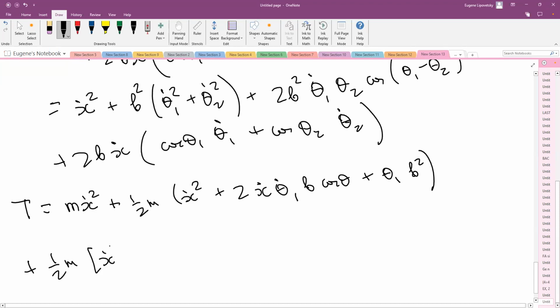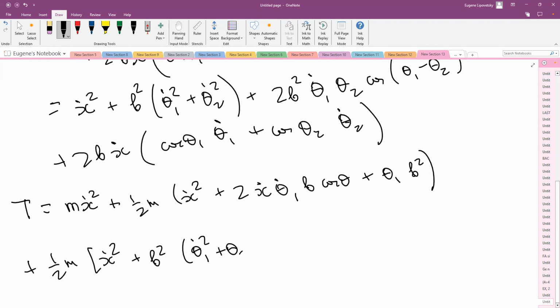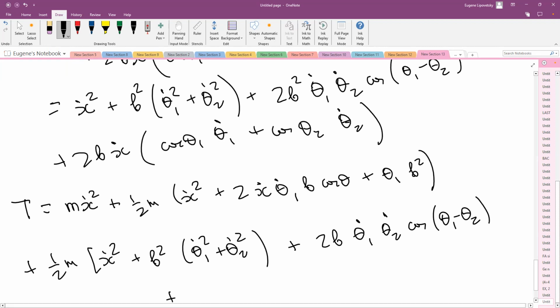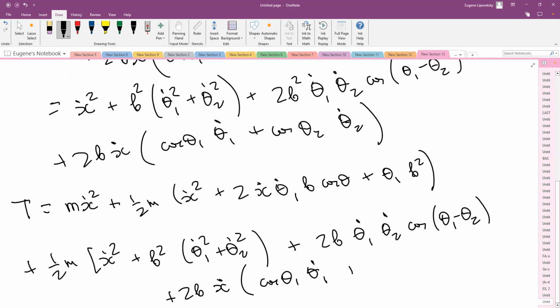That will be x dot squared plus b squared theta 1 dot squared plus theta 2 dot squared plus 2b theta 1 dot theta 2 dot cos of theta 1 minus theta 2 and plus 2b x dot cos of theta 1 times theta 1 dot plus cos of theta 2 times theta 2 dot.